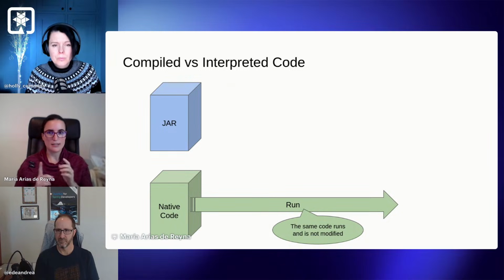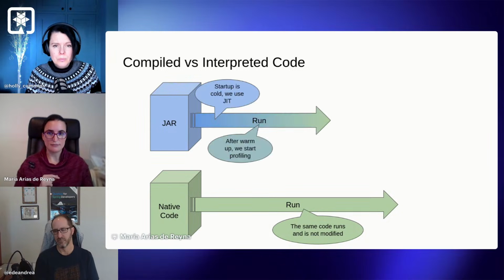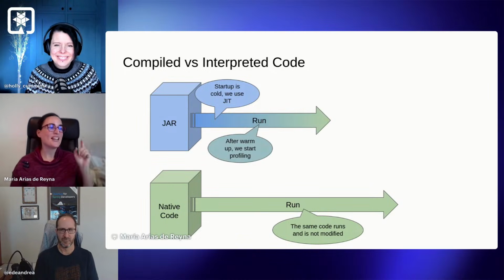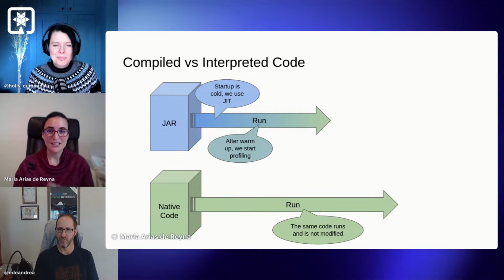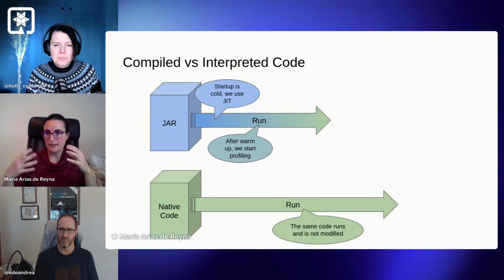That's the main difference with jar files. When you start a jar file, it starts very cold. You have bytecode inside a jar file, which is a zip file, so it's very easy to check what is inside. Then the Java virtual machine starts reading it. It generates metadata based on the classes it's loading, including information on the methods.